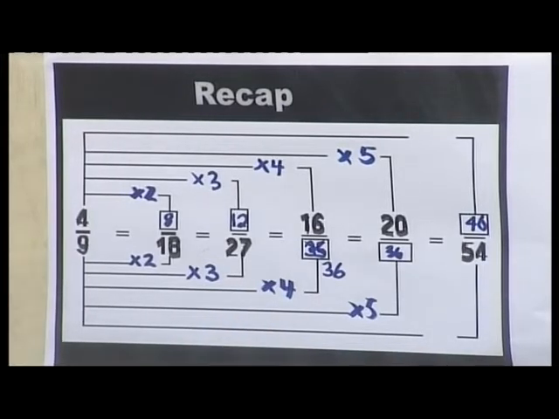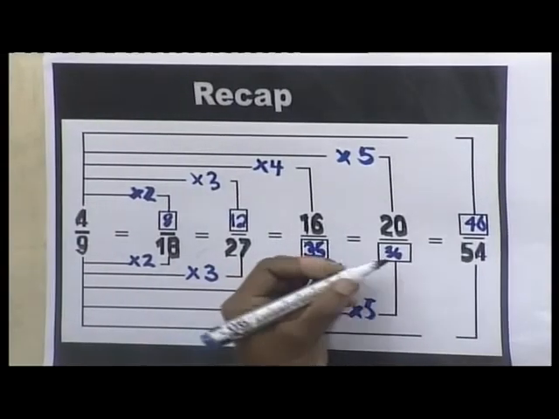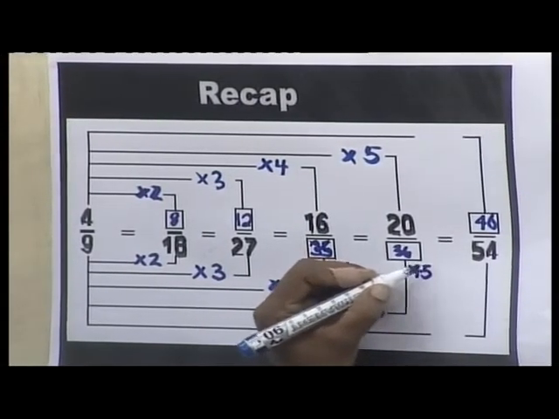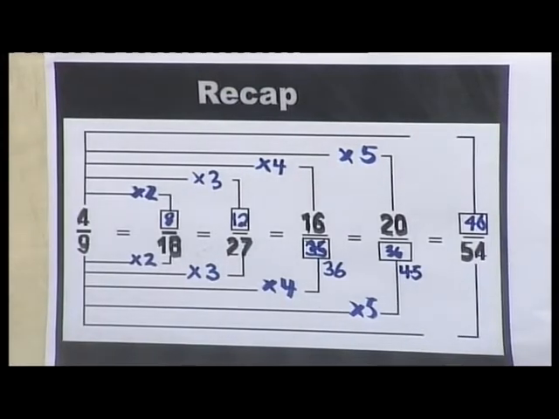Vanessa? 9 times 5 is equal to 45. Very good. 9 times 5 is equal to 45 and not 36. Good try to Lorraine. I think Lorraine was the one that wrote 36.